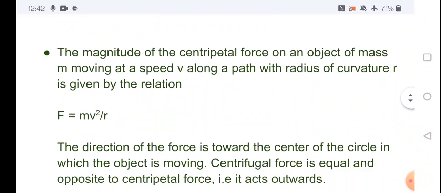Next, the magnitude of the centripetal force of an object of mass m moving at a speed v along a path with a radius of curvature r is given by the relation F = mv²/r. The magnitude of the centripetal force is the ratio of mass and the speed squared to the radius of curvature r.